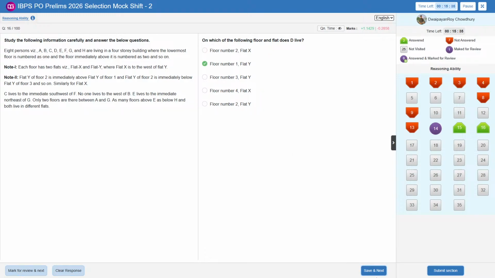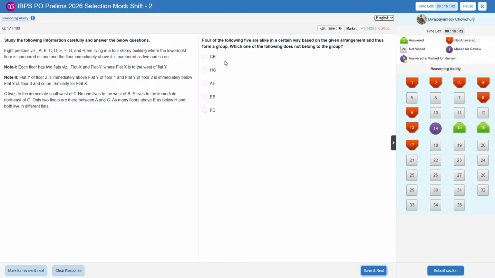So first floor, Y. CB gap +2, HG -2, AE -2, EB. Different flats, FD. EB is for different flats, otherwise same flat gap of 1. In flat X, floor 3, H.